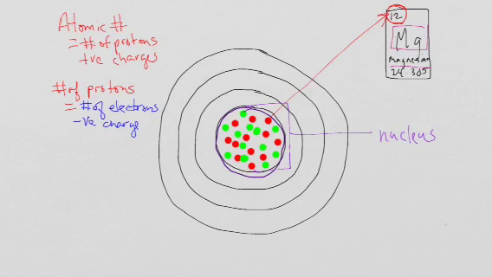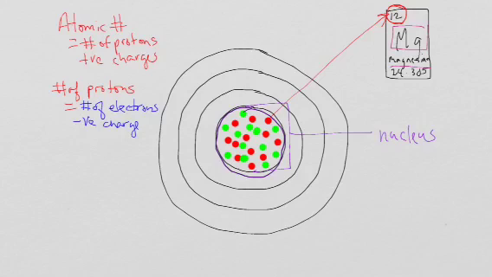So we remember that we've got the same number of electrons as we do protons in any one atom. So in the case of magnesium, I look up to that little number that I've circled in the top corner of the box there, for my atomic number, which tells me the number of protons.